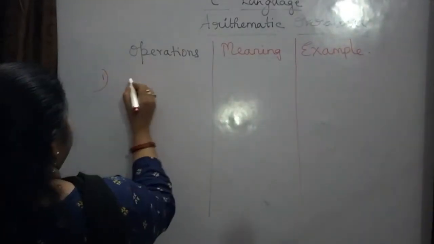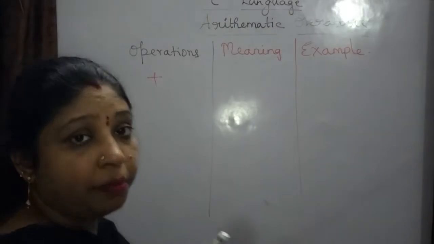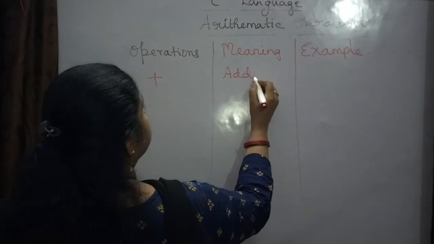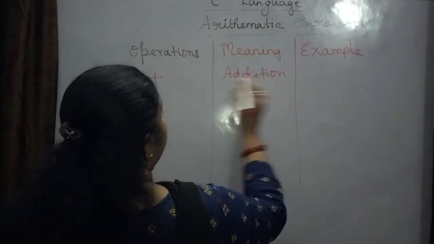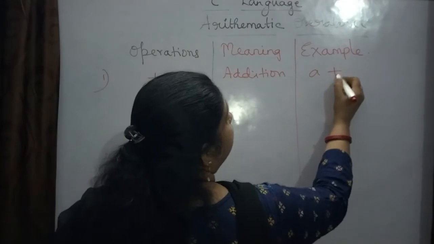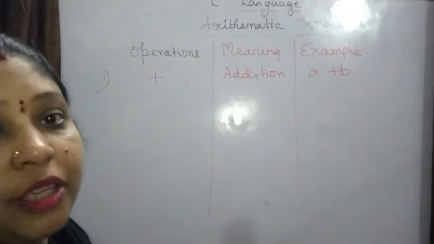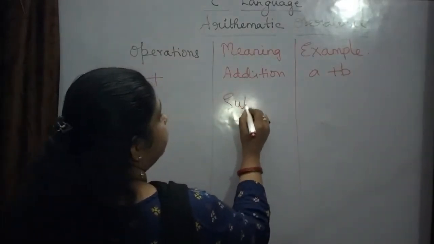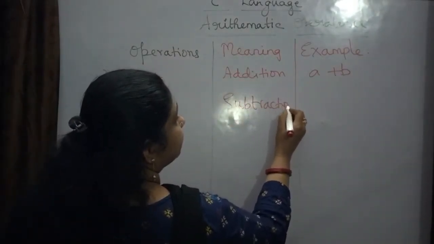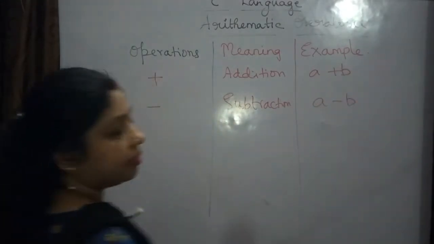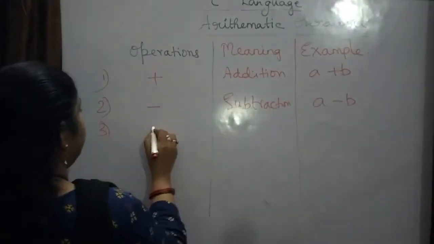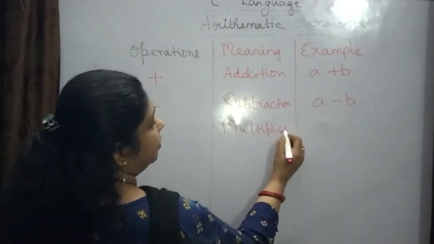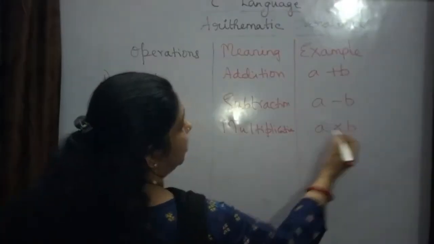Now first one, addition, plus. The meaning of this is addition, adding two numbers. For example, you can write a plus b. Now second one, minus, subtraction. Example, a minus b. Third one, multiplication, a into b.